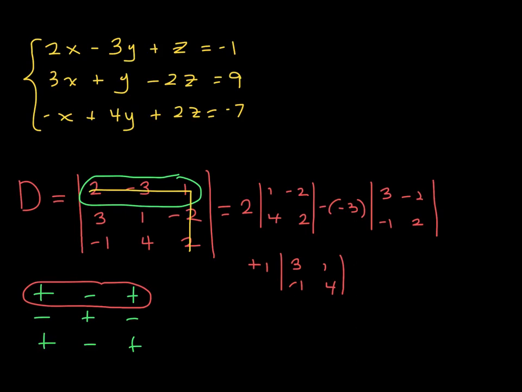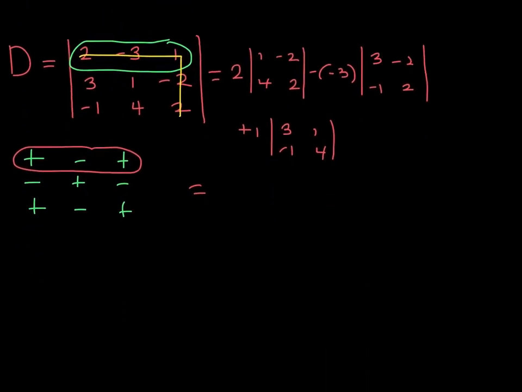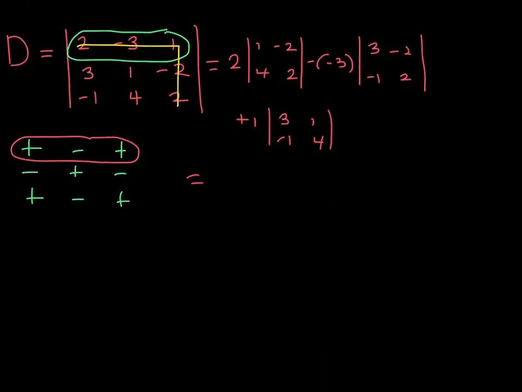So let's see. We have equals, let's move the screen up. So it'll be 2 times 1 times 2 minus negative 2 times 4. Remember that it is AD minus BC.